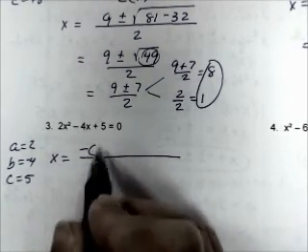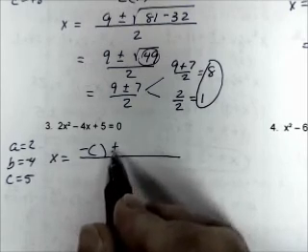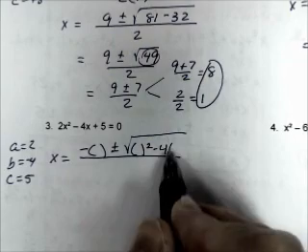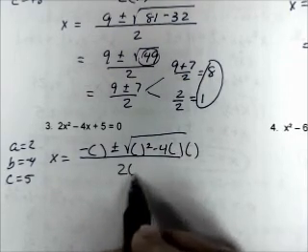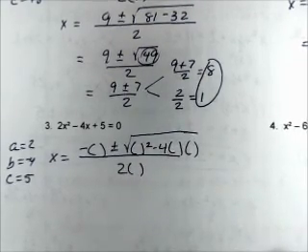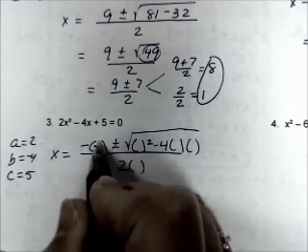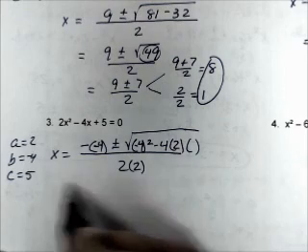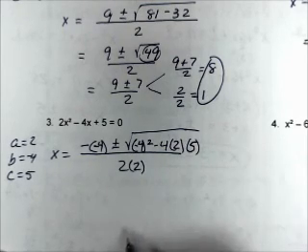Plug into the formula. X equals negative B plus or minus the square root B squared minus 4AC all over 2A. Negative 4 in for B, 2 in for A, and the C value goes at the end here.